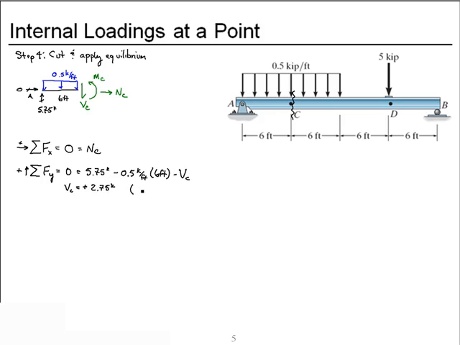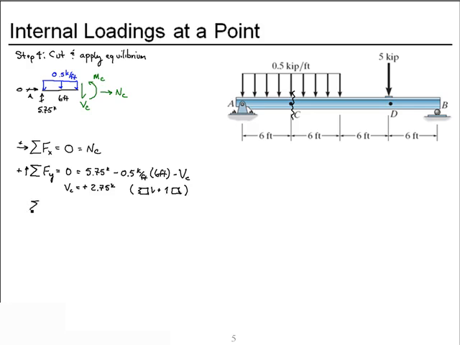Remember, positive is denoted on this side of the cut is down, but if we'd used the other free body, the other side of the cut, positive would have meant up.